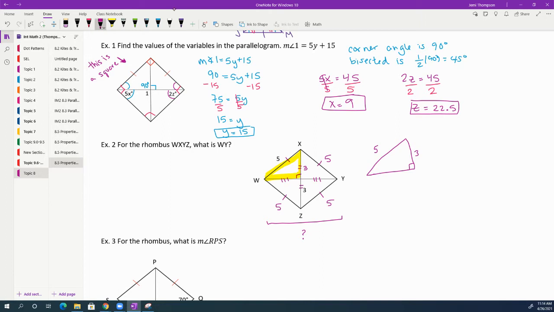So I'm looking for this little side down here.